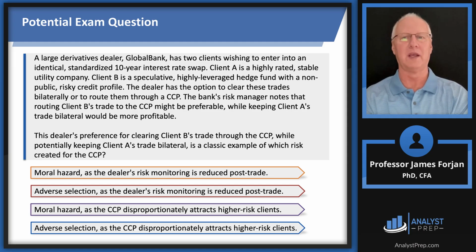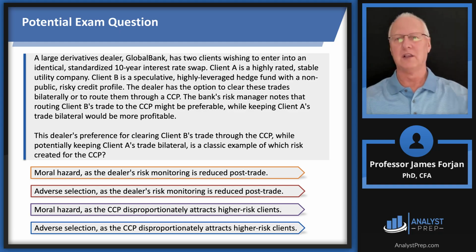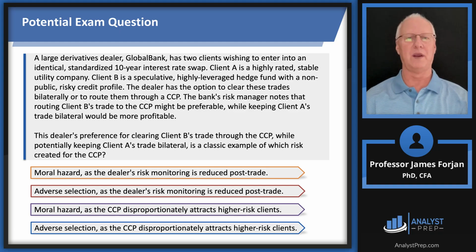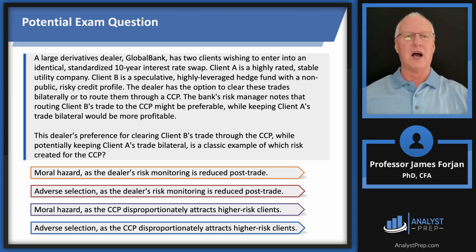Let's do this. Global bank, two clients. Client A, highly rated, stable utility company. All right, so that's not Jim, right? So client A is the rock financial institution out there. All right, client B, speculative, highly leveraged, Jim's straw hedge fund, non-public, risky credit profile. Who knows about Jim? All right, so here we are.